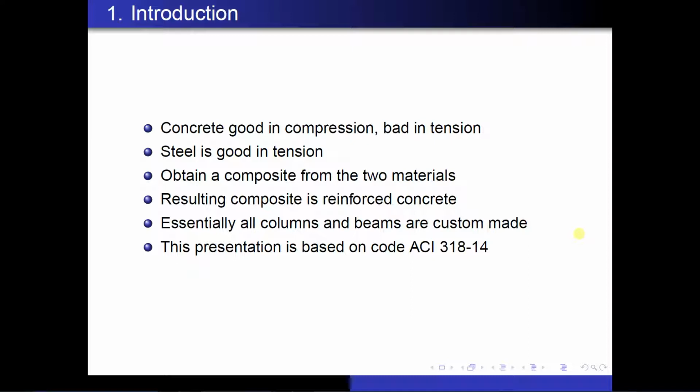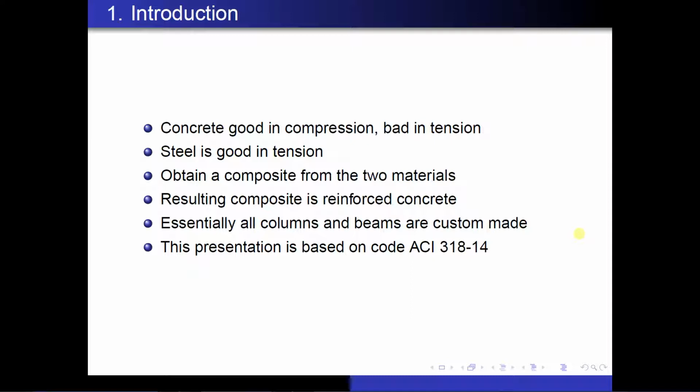Essentially, when we do that, in the plywood formwork that we might have to cast our concrete in, we are essentially making custom-made columns and beams with steel reinforcement. These are not off the shelf.